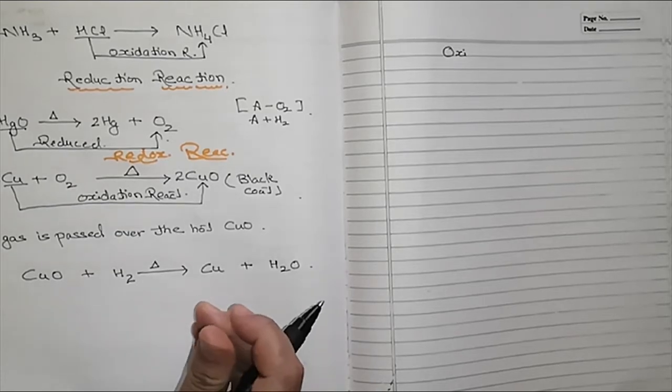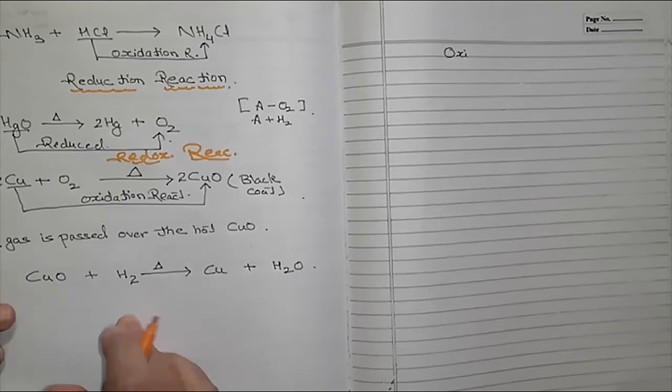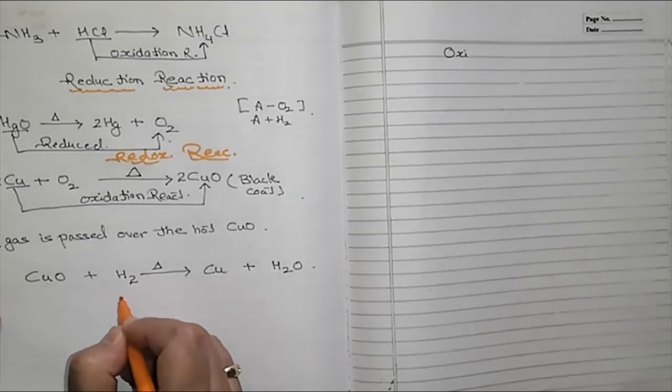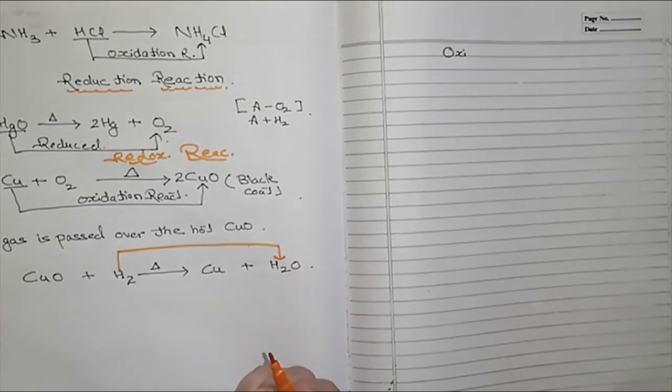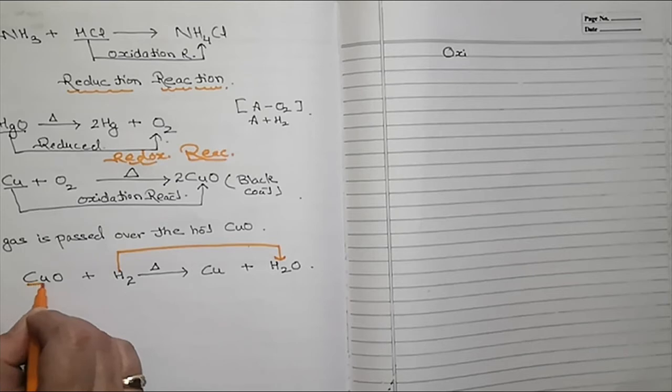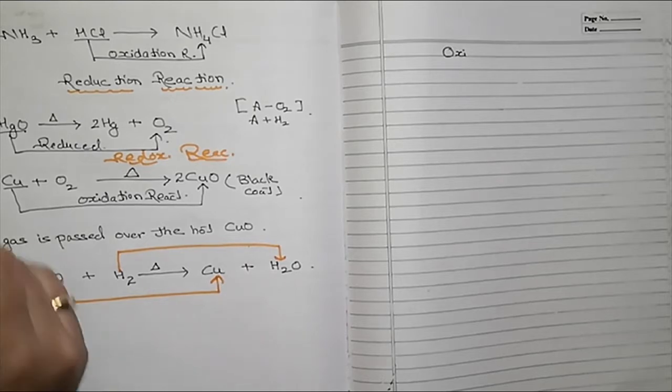Now if you look at this reaction very carefully, the element which has gained oxygen: here hydrogen has gained oxygen, that is why it has become water. Clear? Hydrogen gas, so oxidation took place here, and copper oxide has lost oxygen, isn't it?